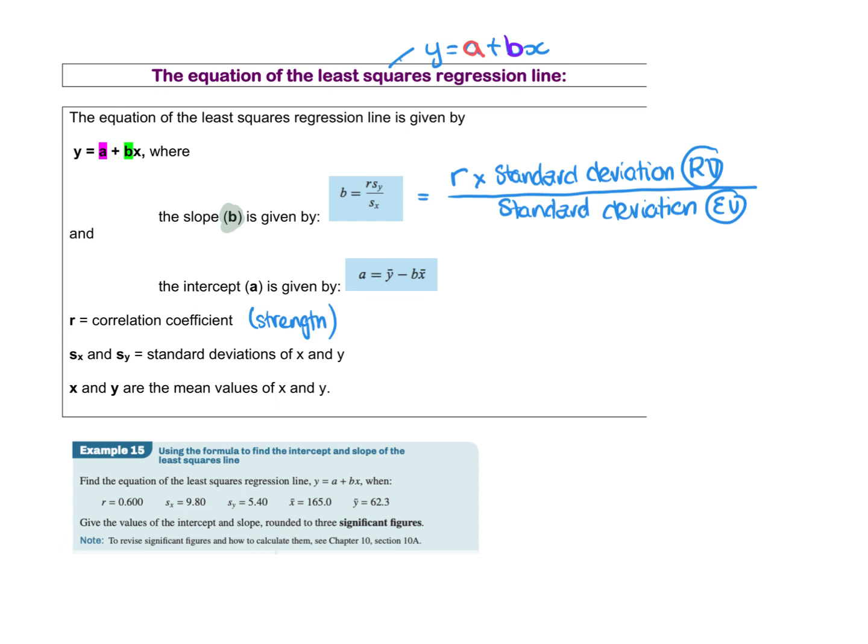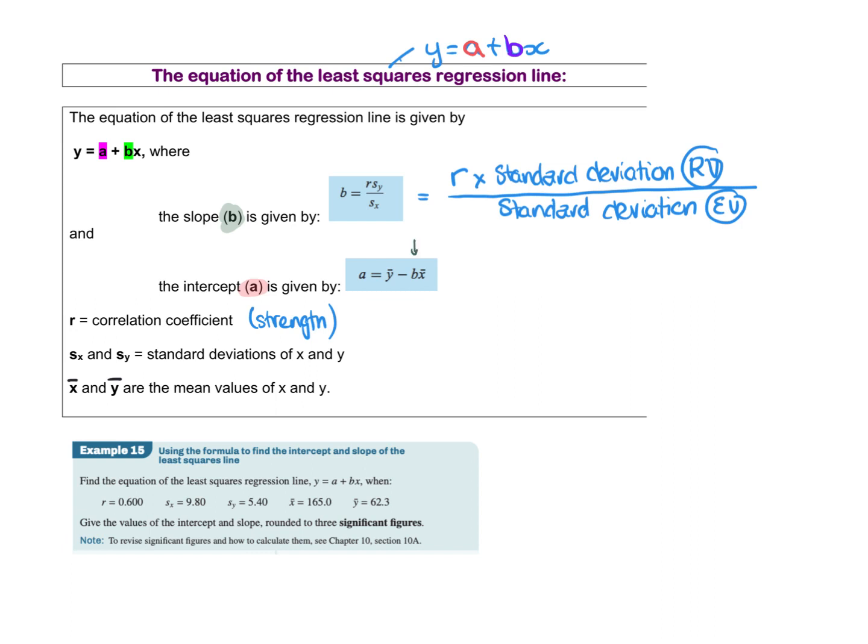Now you can see down here, the A value, we've got another formula, and they're using A equals Y with a line over it. And what that means, when you see those X and Y lines, that just means the mean. So it means the mean value of the response variable. Now you can see B is in the A formula.